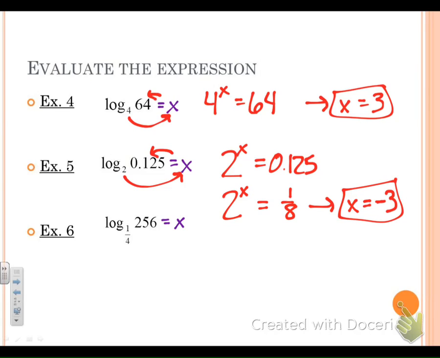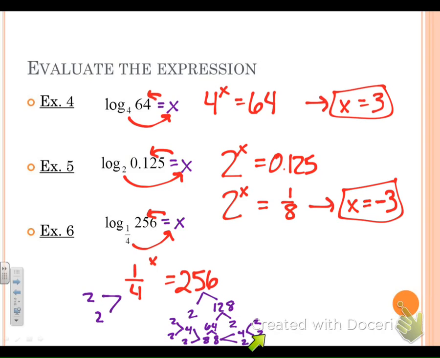In the last example, 1/4 to what power gets us 256? This one's a little hard. What we're going to need to do is get these in the same base. Can 256 be written as 4 is the question, or can both of these be broken down into the same prime? 4 can be broken down into 2's, and 256, so we're looking at 2 to, I guess, the 8th.